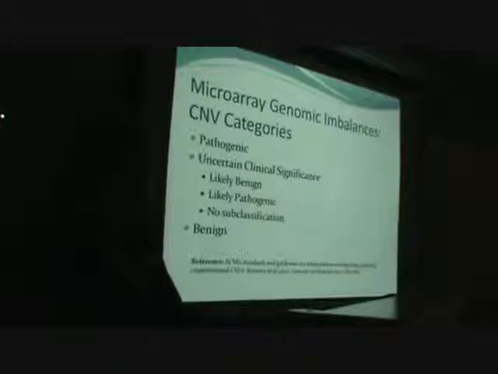In terms of the CNV categories, they have been around for a long time, and there has been a lot of attempt to standardize their definitions so that when someone says this is a pathogenic CNV, we are all working with the same definition, not a different definition per lab. The CNV categories we're going to be using are published by the American College of Medical Genetics, and there are 3 broad categories: pathogenic, benign, or uncertain.